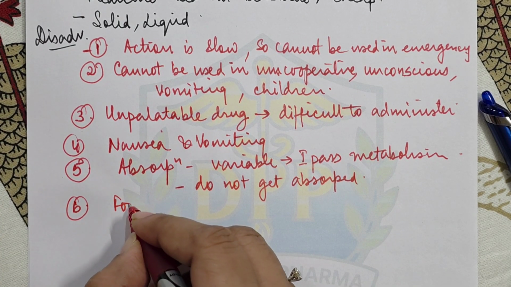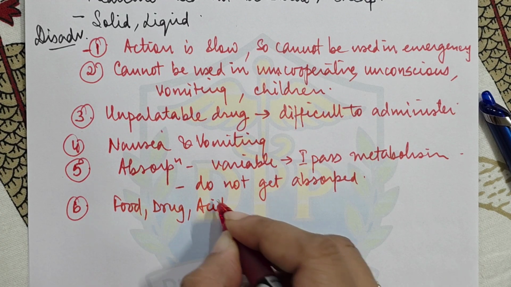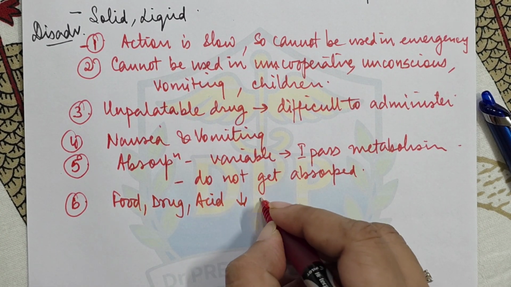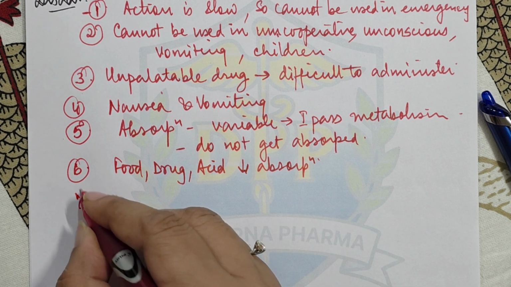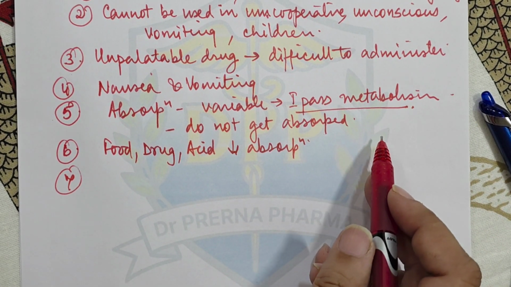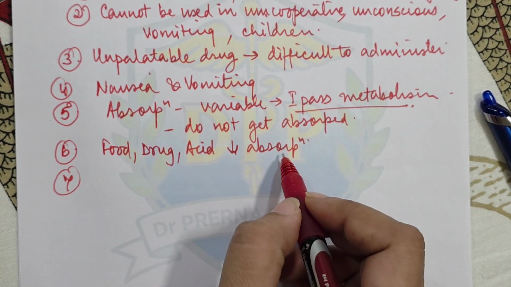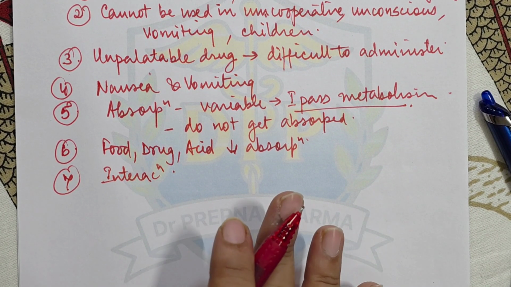So food interactions, drug interactions, and acid in the stomach, all these factors sometimes reduce the oral absorption of the drug. As I said, first pass metabolism is very high and it usually makes the drug much less available. A lot of interactions can interfere with the absorption of the drug.